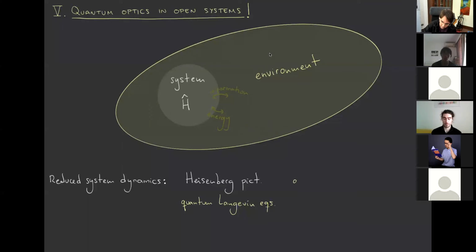Or, of course, we can use the Schrödinger picture. And in the Schrödinger picture, we will see that the von Neumann equation or the Schrödinger equation needs to be modified as well into something that we will call master equation.